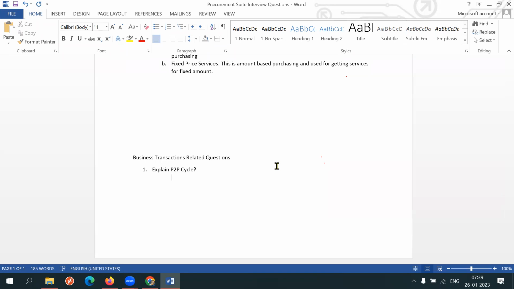Once PO is done, we receive the item in our inventory. Then we do the invoicing, then we do the payment. Once the payment is done, we reconcile and transfer to GL, general ledger. That is the process.